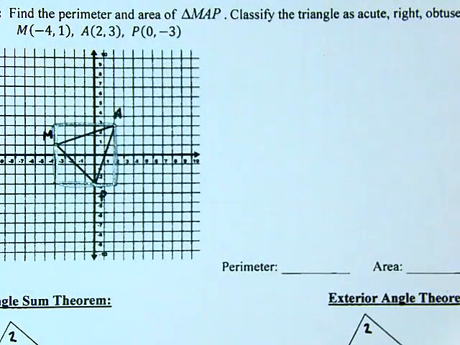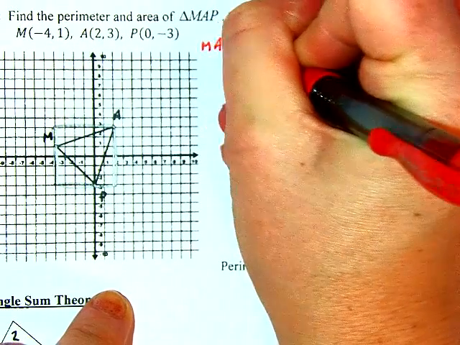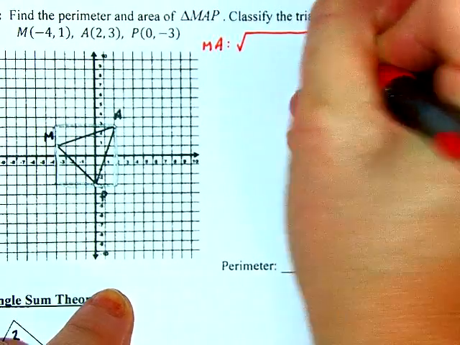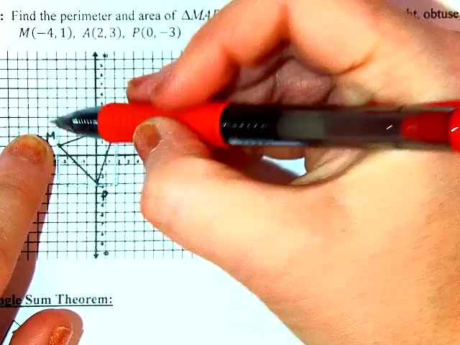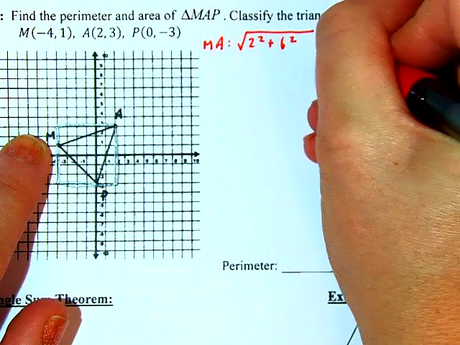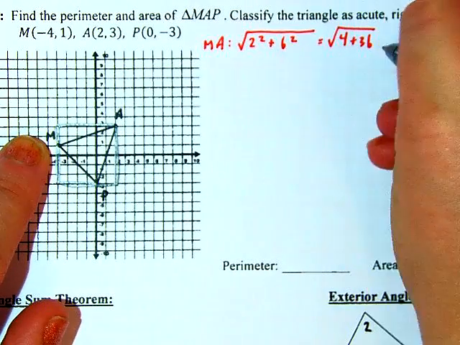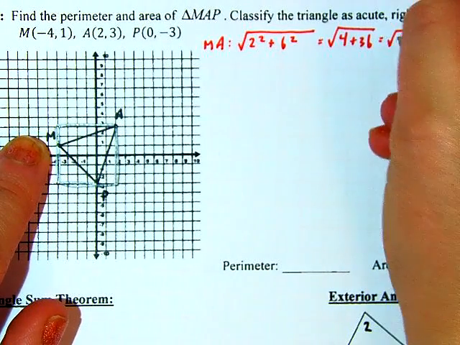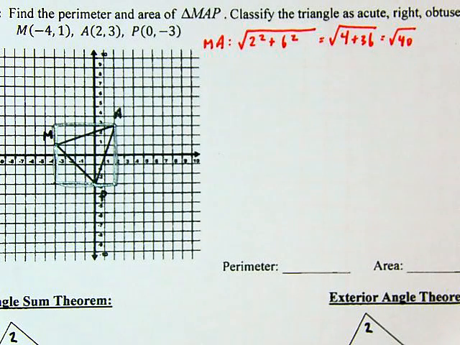All right, so if I'm looking at MA first, big square root, here I have a leg that's 2, so 2 squared, and then 6 squared. So that gets me 4 and 36 under the radical, which is the square root of 40. So if I simplify the square root of 40, that's 4 times 10, so 2 root 10.